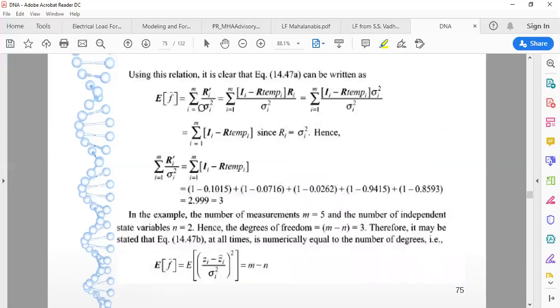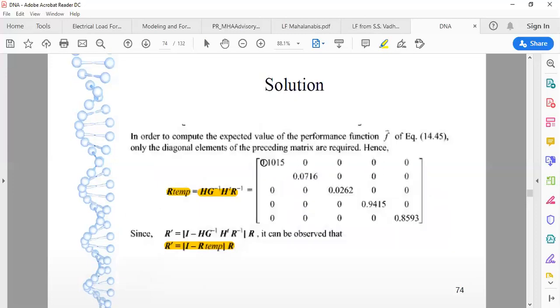So the covariance matrix is for M, and we have 5 measurements. The expected value of my performance index, that will be the sum for i equals 1 to M of Ri dash divided by sigma i square, which equals the sum for i equals 1 to N, and here I have substituted that formula. After finding this, if we substitute the values individually, i equals 1, R temp 1 equals, from the previous result, this is my first element, this is the second element, this is the third element, and so on up to the fifth element.